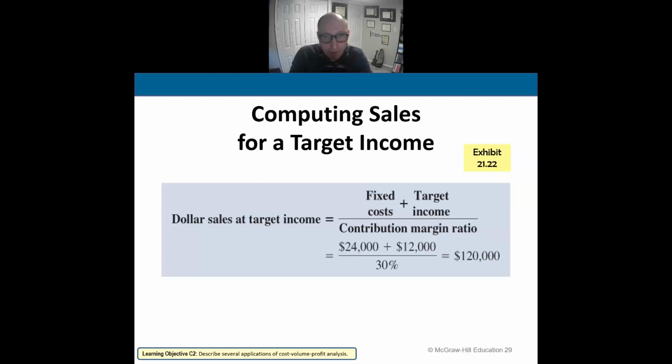So I take fixed cost, 24,000, plus my target income, 12,000. I want to end my month with $12,000 net income. So that's 24,000 plus 12,000 divided by the contribution margin ratio of 30%. That means I need to sell $120,000 of sales in order to attain a net income of $12,000.